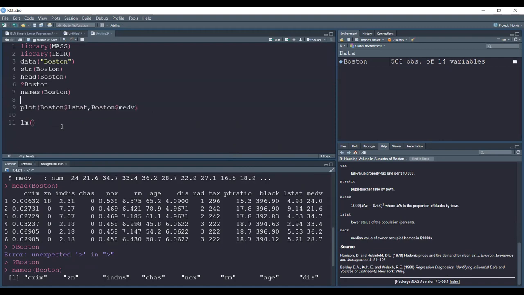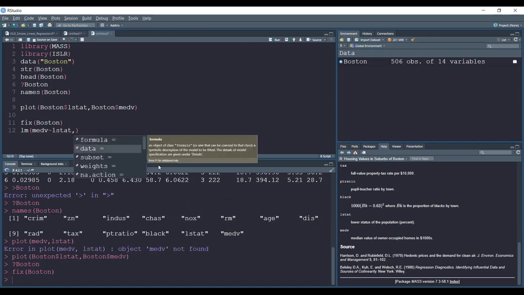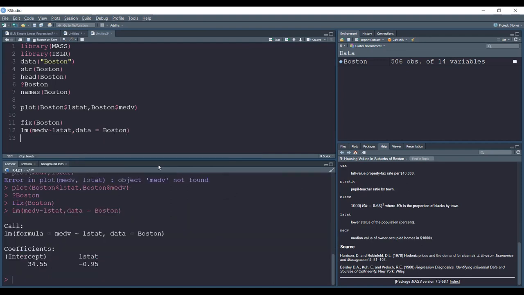So let's regress, lm on its own. We need to fix the data, so that's fix Boston. It is fix, isn't it? Yeah. And now we'll do lm, MEDV regressed on LSTAT, and the data is the Boston data.